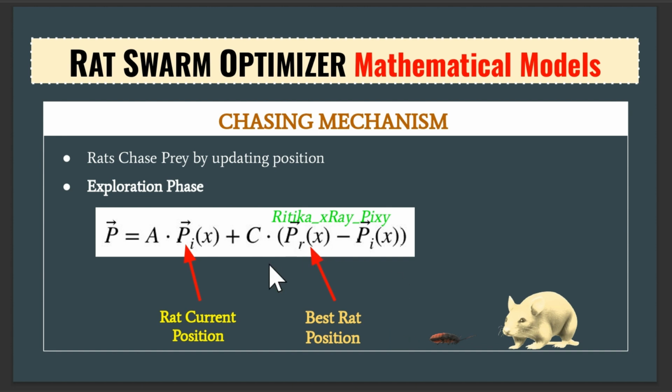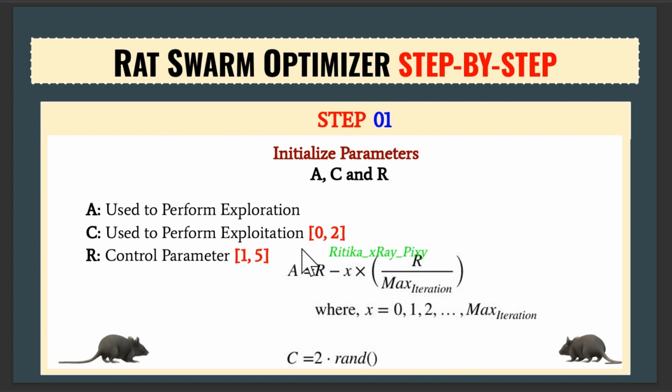Here you can see this represents the current position of our search agent. Then this is the best known position, that is the optimal solution. After that, A and C are the parameters that control the degree of exploration and exploitation. R and C are random numbers that influence the randomness in the position update.